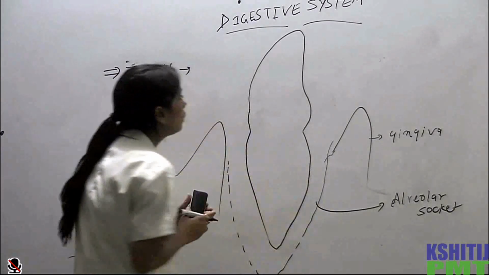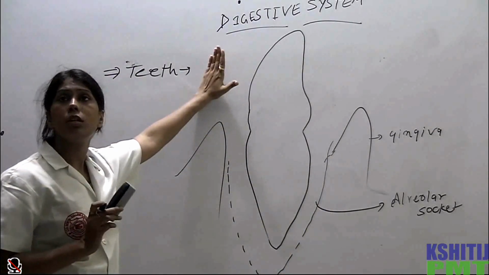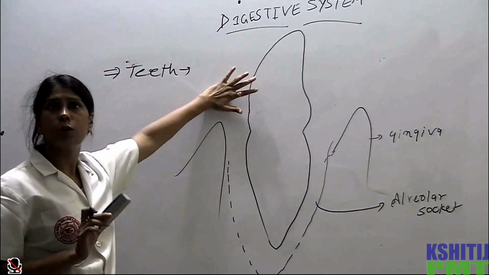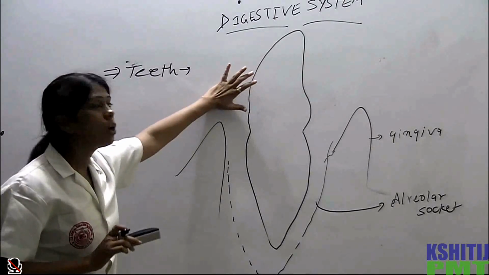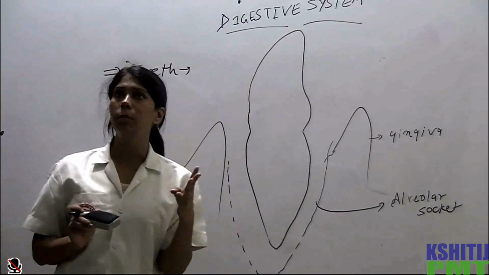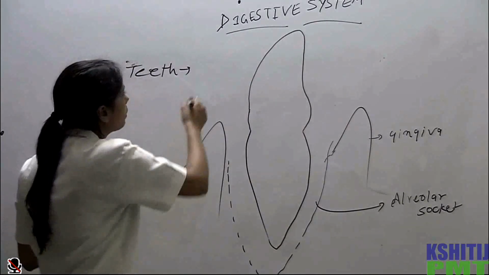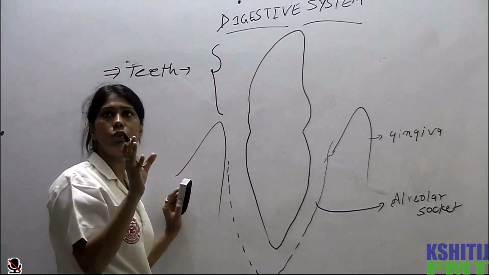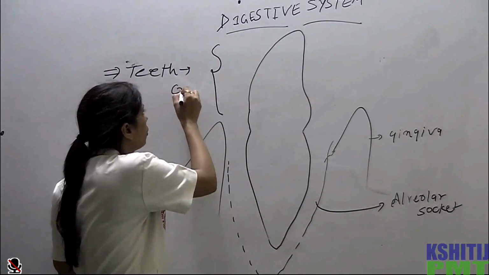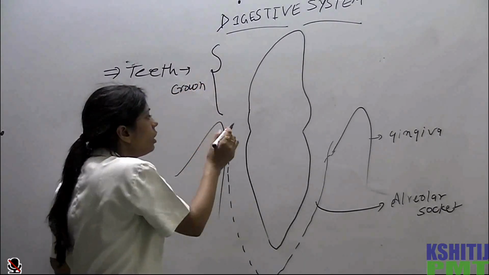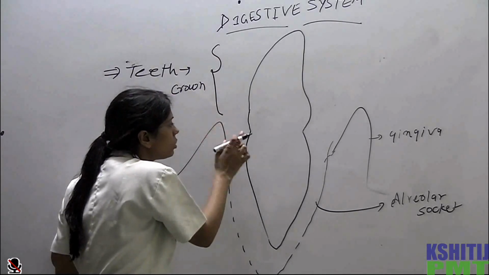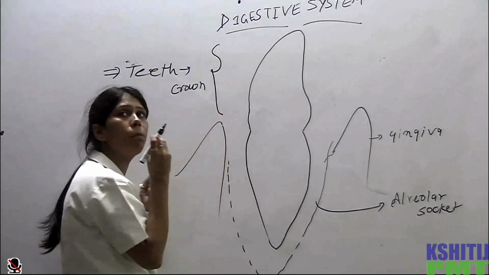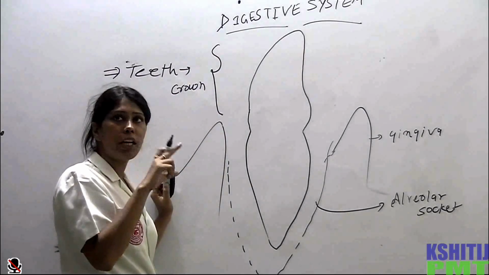Then now coming to the teeth part. This is your canine teeth here. So our teeth is divided in 3 parts. The outer white part which you can appreciate is your crown.